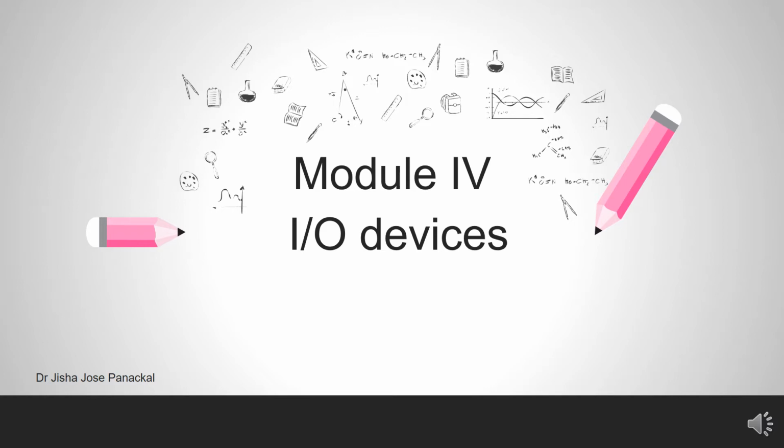Let's start the module. This module includes various IO devices, and we are going to discuss in detail input and output devices. Let us see what the contents inside this particular module are.